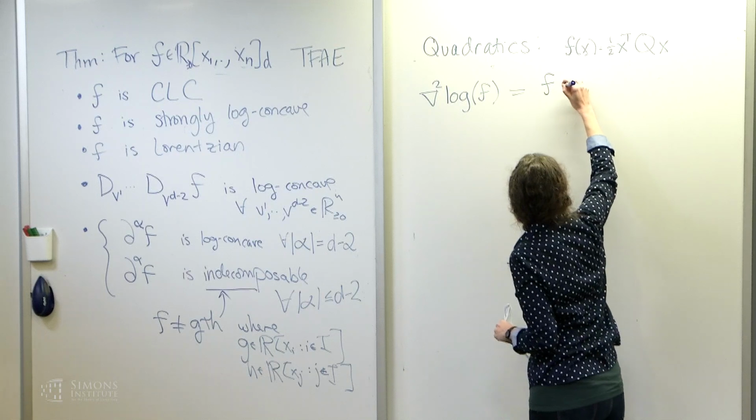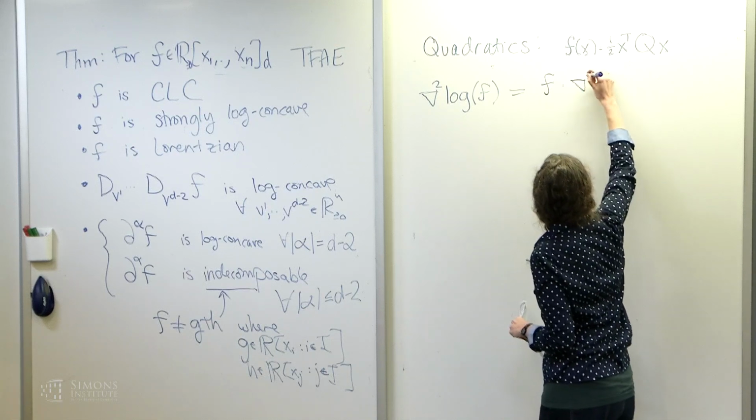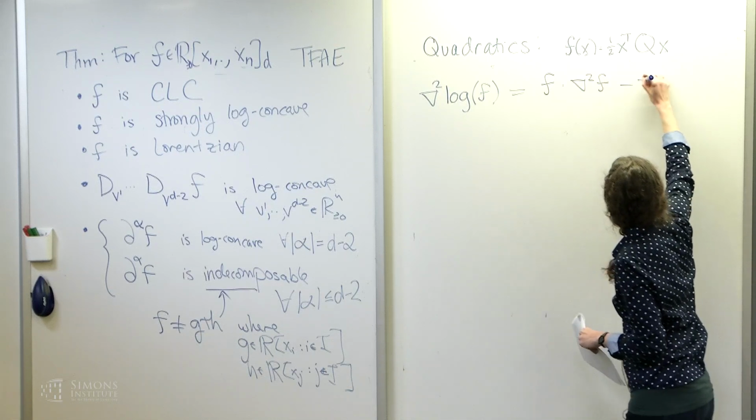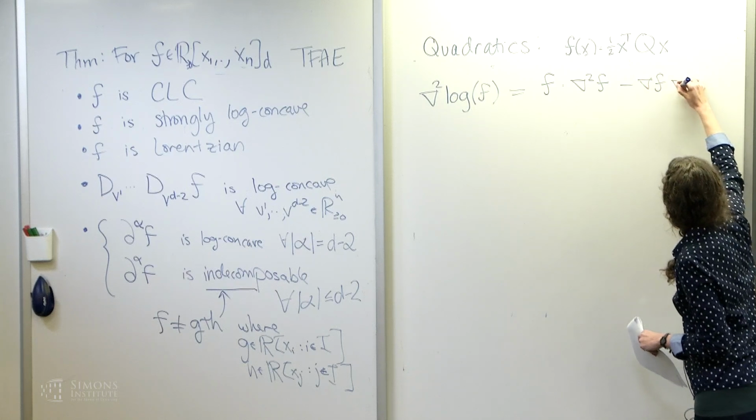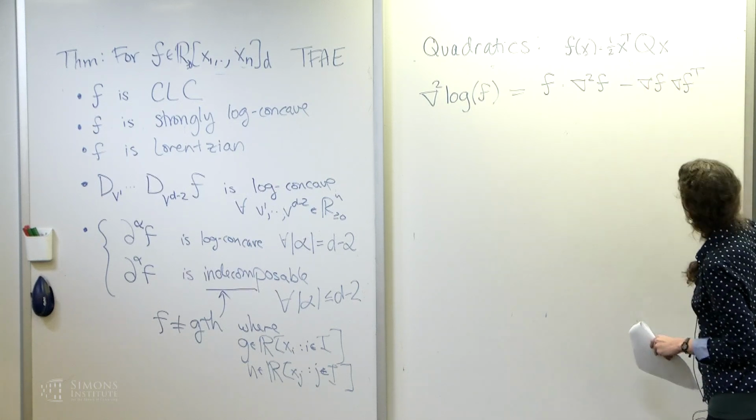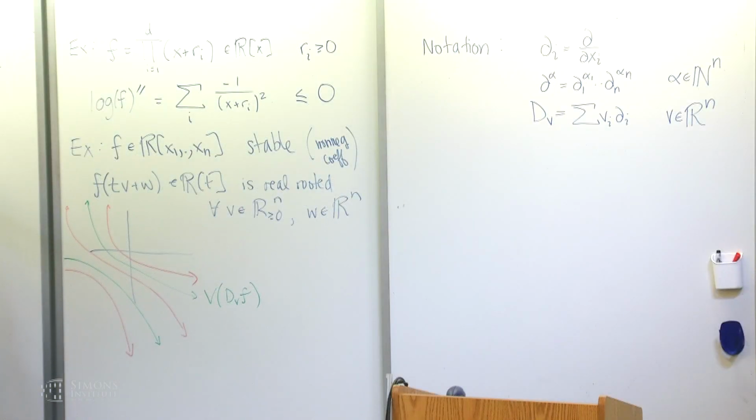It is f times the Hessian minus the rank 1 matrix we get from taking outer products of the gradient, divided by f squared.